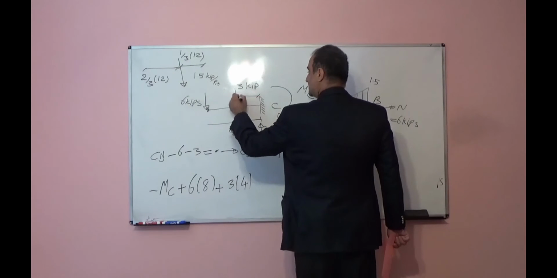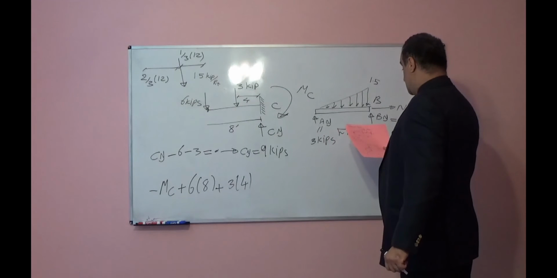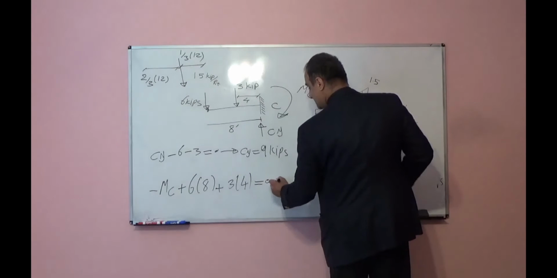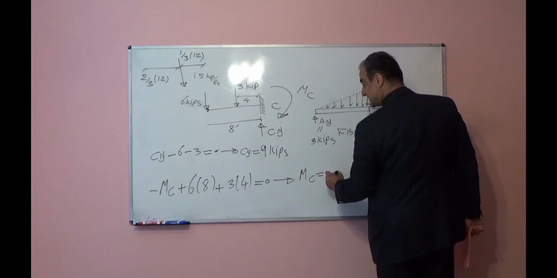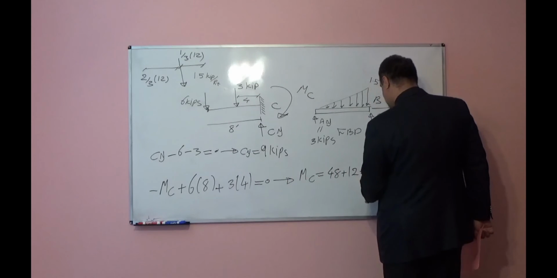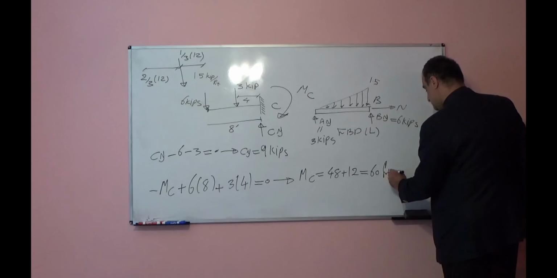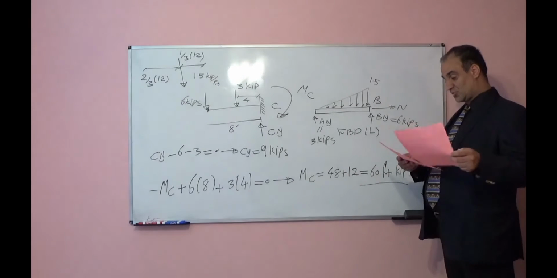From 3 to here it is 4. 3 times 4 is equal to 0. So from here MC will be 6 times 8, 48 plus 12, that will be 60 feet kips. So this is the way we should approach a compound beam.